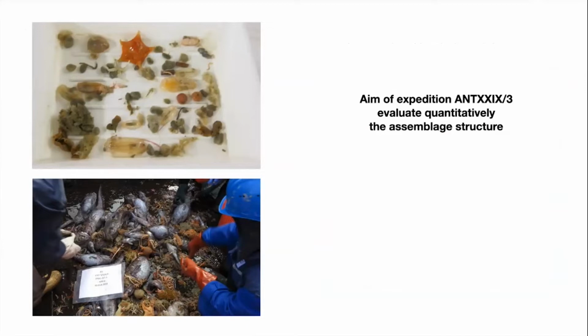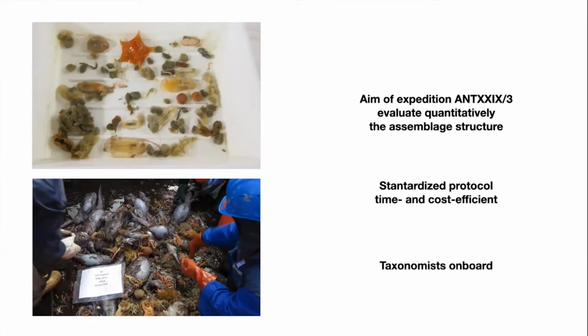The aim of the expedition was to evaluate quantitatively the assemblage structure, using a standardized protocol that was used in expeditions some time before, and is time and cost efficient. Also, this study has been done with the collaboration of many taxonomists who were present on board.